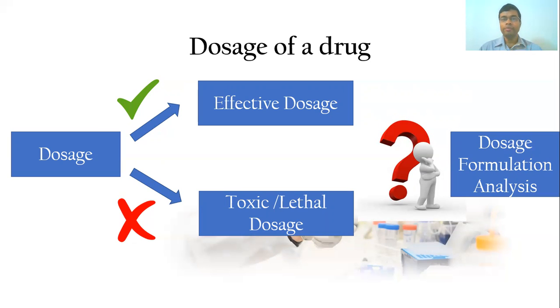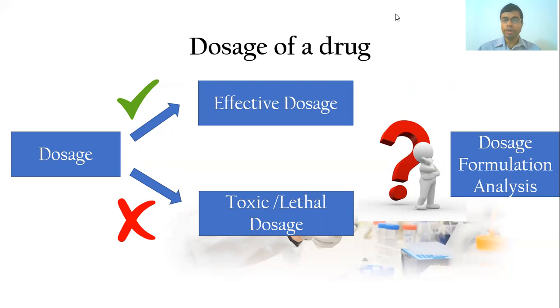For that, the analytical chemists need to have a particular method developed in order to find out the active pharmaceutical ingredient concentration in a particular tablet, pill, or any other thing that you are going to administer into a patient. That part is called the dose formulation analysis as shown here.